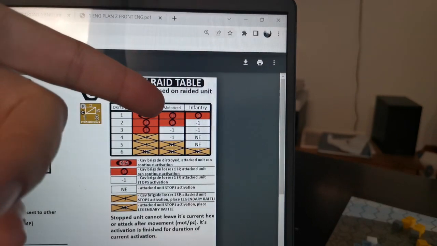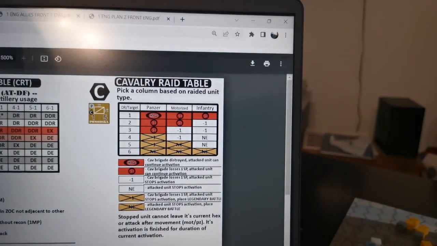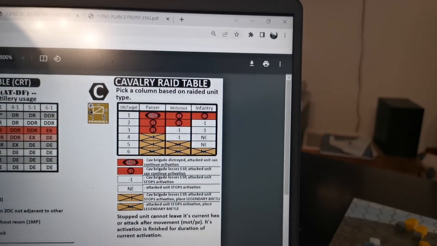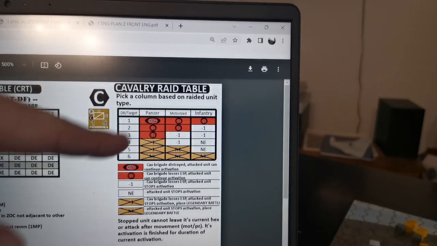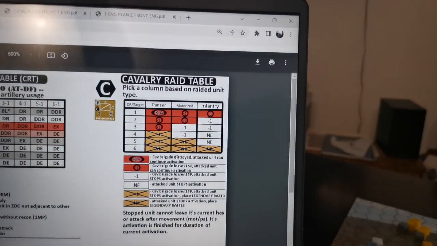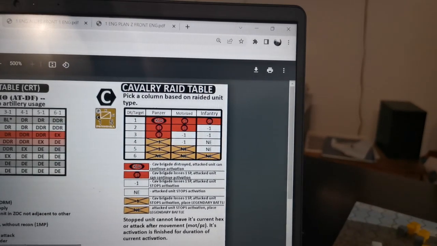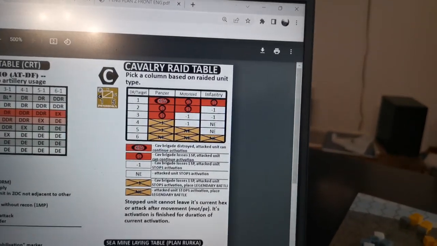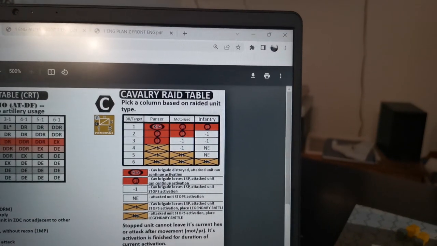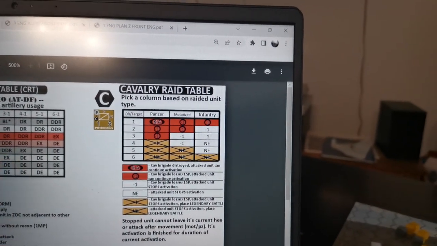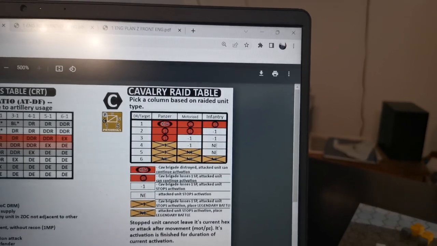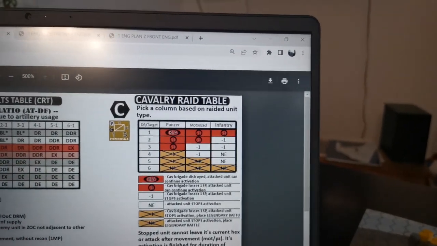In case of infantry it is 50-50, in case of a panzer unit it is a 5 in 6 chance. Then, if the background is white, the cavalry stops and ends activation of the given unit. So ending activation of the given unit has a really high chance of being successful.